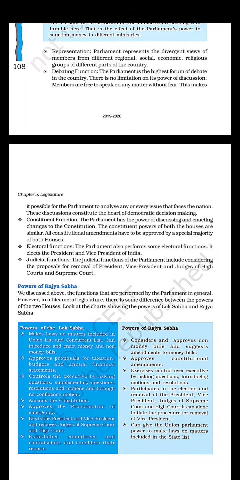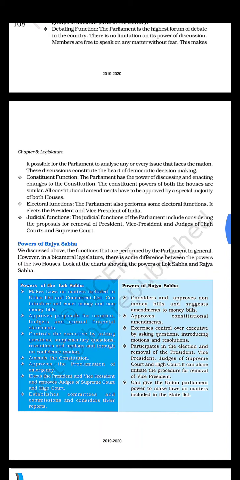These discussions constitute the heart of democratic decision making, because by debating, by discussion, democracy flourishes. मतलब डेमोक्रेसी तभी डेवलप हो सकती है, तभी अच्छी हो सकती है जब डिस्कशंस होंगे, जब डिसीजन मेकिंग पावर विल बी गिवन टू द रिप्रेजेंटेटिव ऑफ द पीपल.